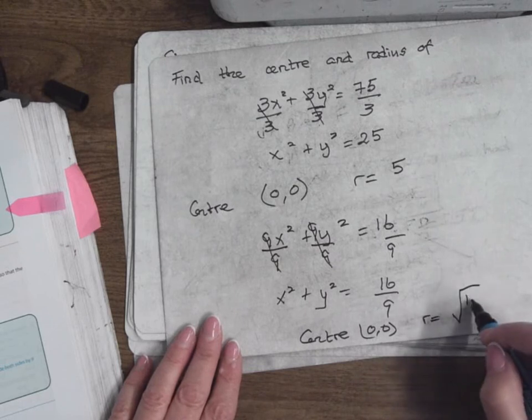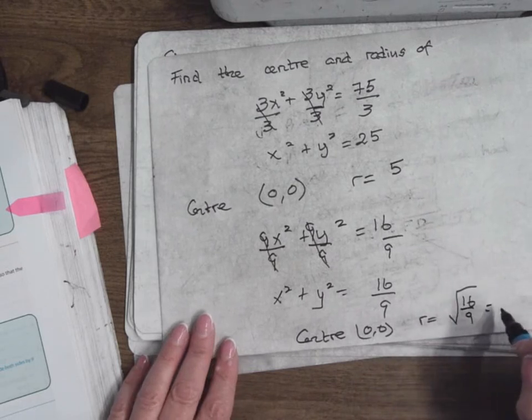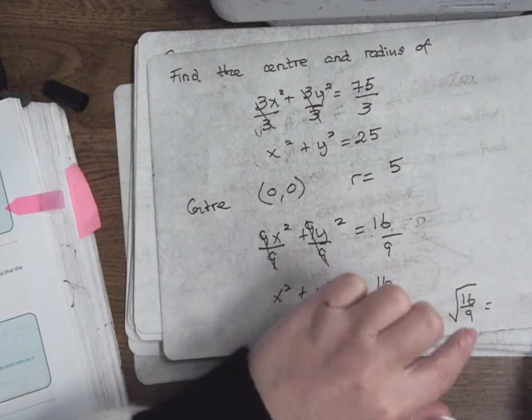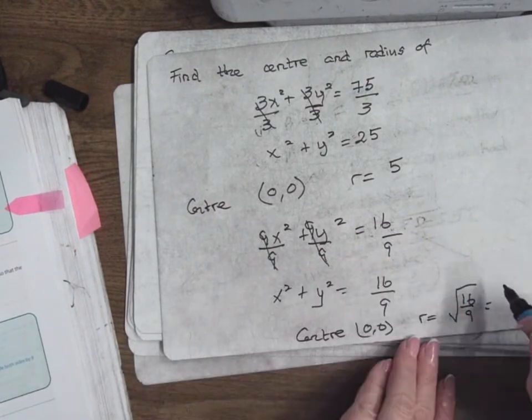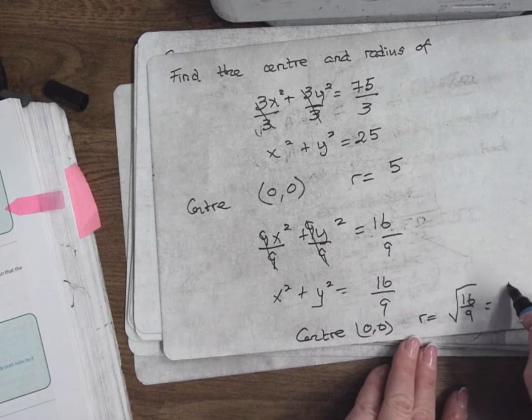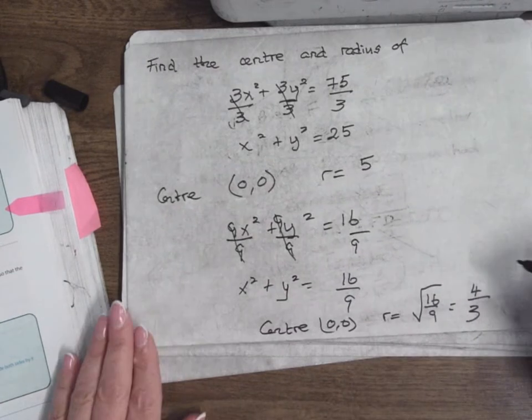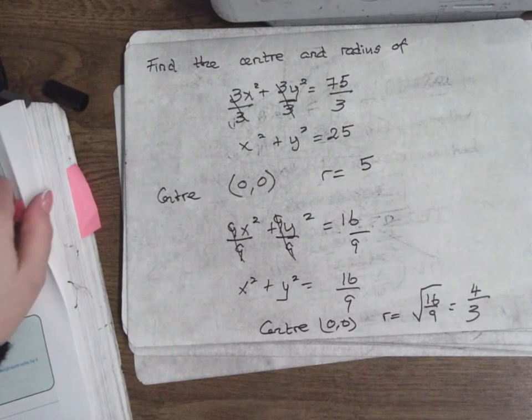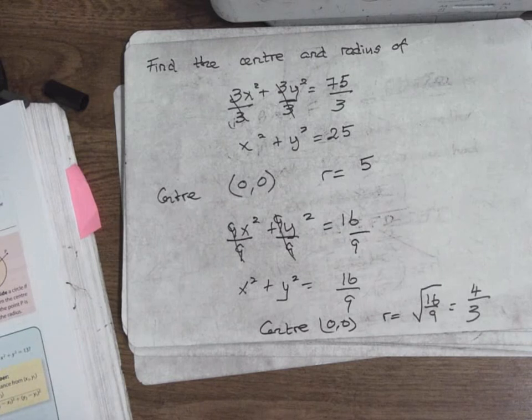The radius will be the square root of 16 over 9, agreed? You can do that on the calculator and press equals, but you can also do it by hand. You just get the square root at the top and the square root at the bottom. The square root of 16 is 4. The square root at the bottom is 3. Done.